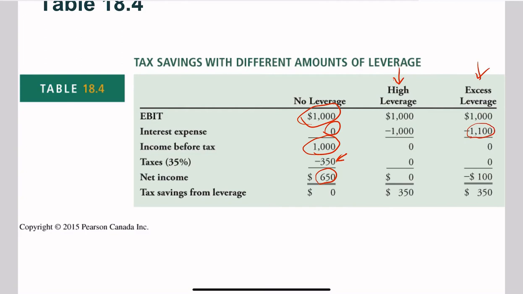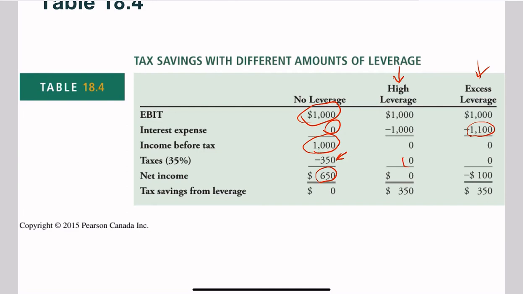Now, what's interesting is the amount of tax. You can see that if interest expense is just equal to EBIT, the firm pays zero taxes. Now, if the firm uses excess leverage, the firm still pays zero taxes.